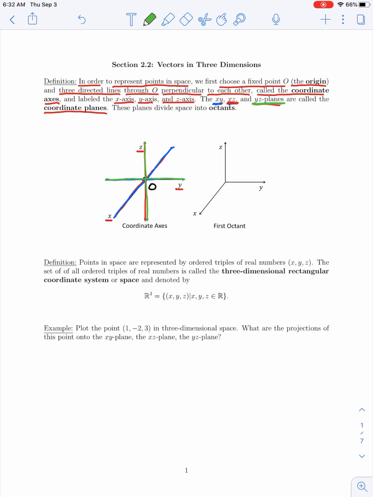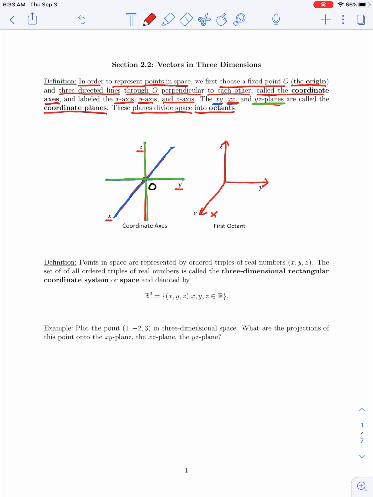So we have these 3 coordinate planes, and these planes divide space into 8 octants. So when we are labeling these octants or referring to them, typically we'll only make reference to the first octant specifically. And the first octant is the octant of space where x, y, and z are all positive.